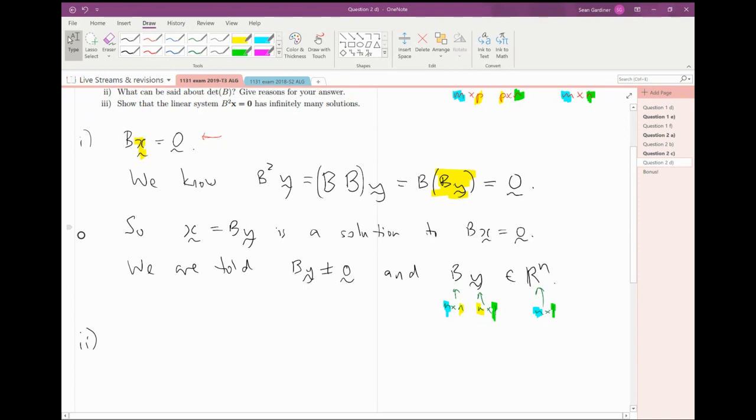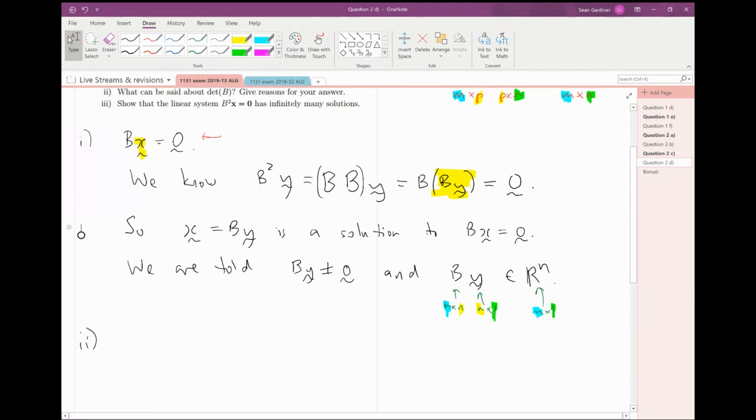So when I think about determinants of matrices, I think of them as ways of flagging whether the matrix is invertible or not. And so what I might try to do here is determine from the facts I have whether B is invertible or not, because that will immediately tell me whether the determinant is 0 or non-zero.